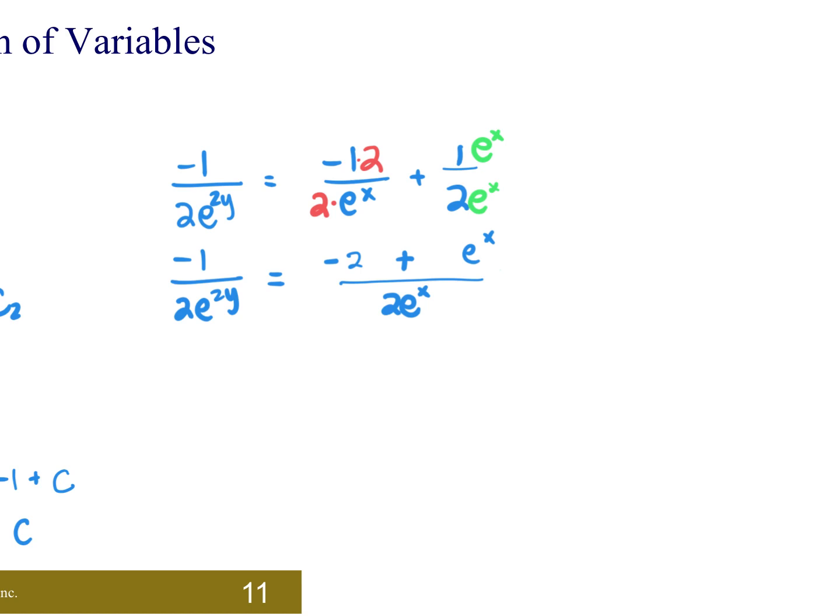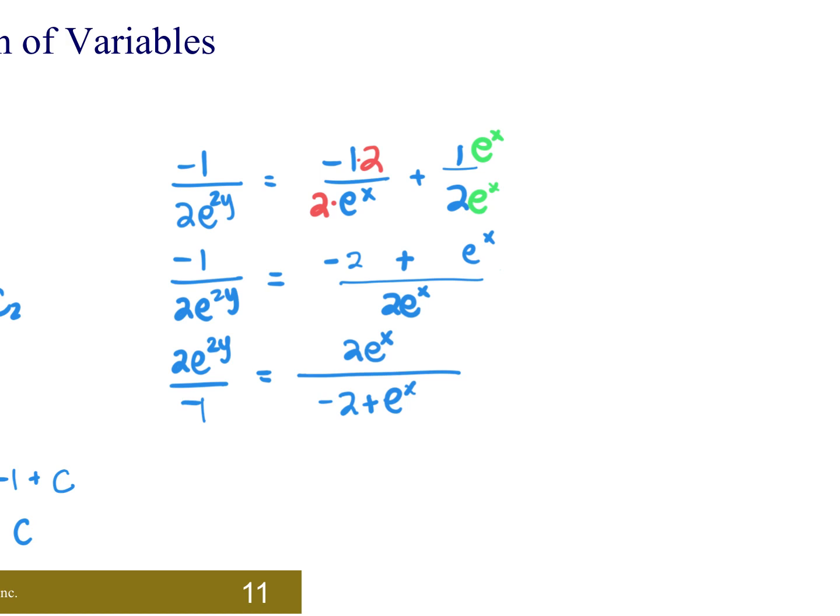That will allow me then to either cross multiply or apply the rule of reciprocals. So the rule of reciprocals would say 2e to the 2y over negative 1, and then 2e to the x over negative 2 plus e to the x.